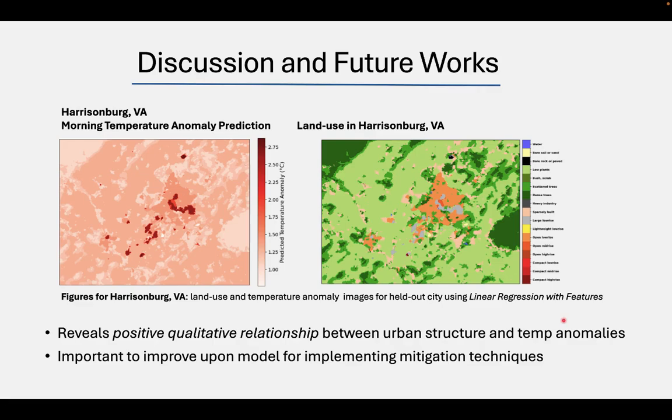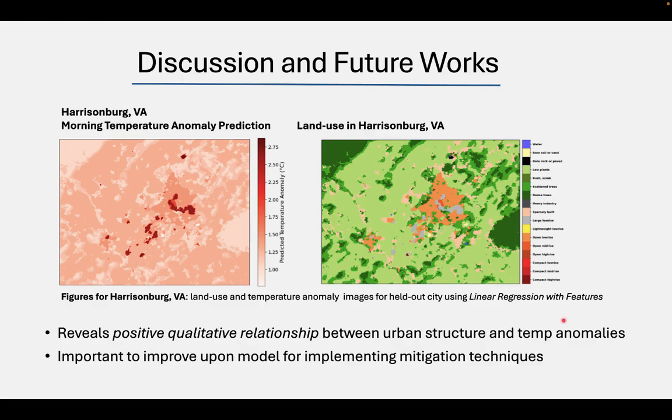On the right is the actual land use map of Harrisonburg. The orange and red areas represent dense urban structures like compact mid-rise and compact low-rise buildings. The key takeaway here is the strong qualitative relationship you can see just by looking at them. The predicted hotspots on the left map almost perfectly onto the dense urban core on the right.